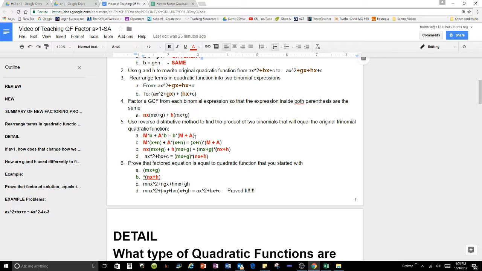Okay, so that's the reverse distributive process. Again, the reverse distributive process looks like this. If you have a number m that's multiplied by b, and a number a that's multiplied by b, so you've got these two numbers, m multiplied by b and a multiplied by b.